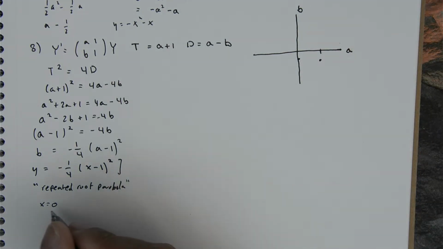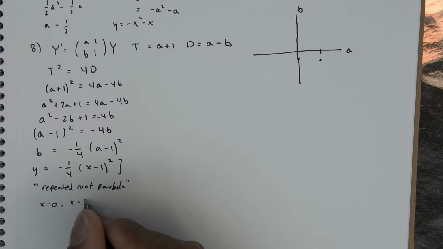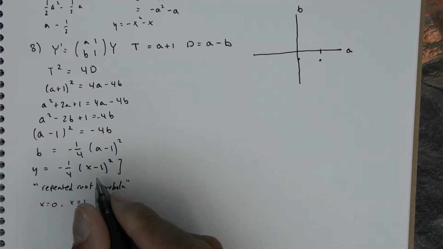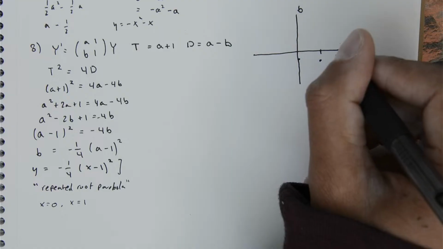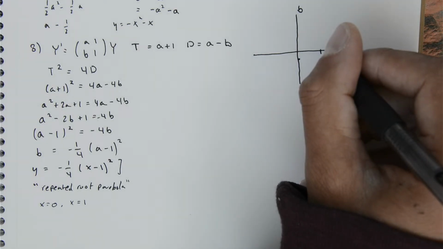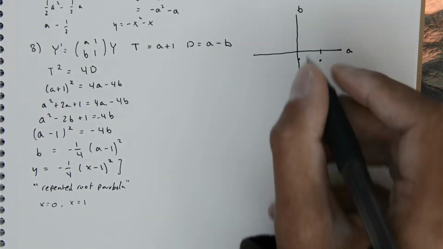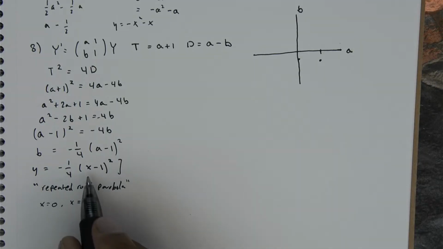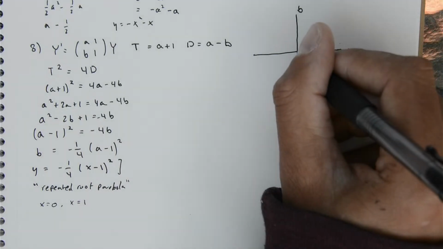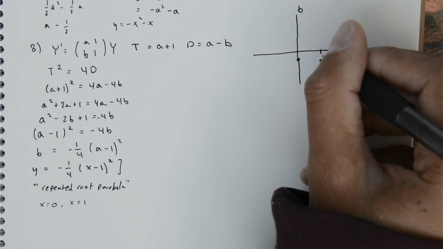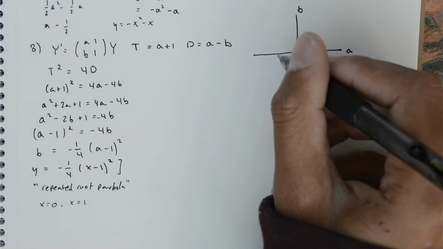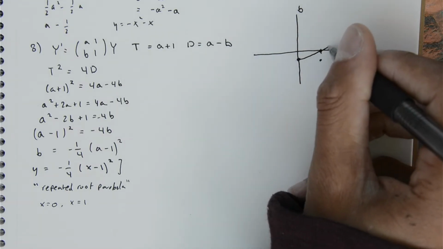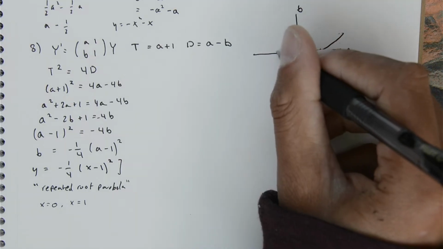So if x equals 1, then this is going to go to 0, and this is going to go to 0. Oh wait, this was x equal to 0. What am I talking about? X equal to 0 gives us this point. X equal to 1 is going to give us this point. So we should get kind of like a thing like this.